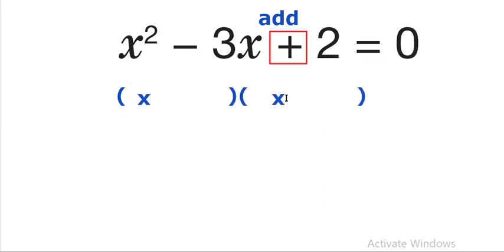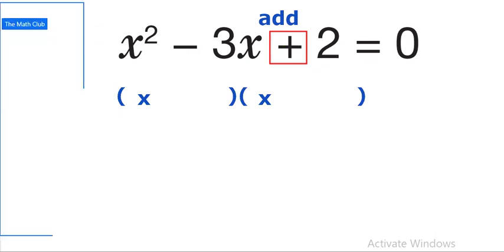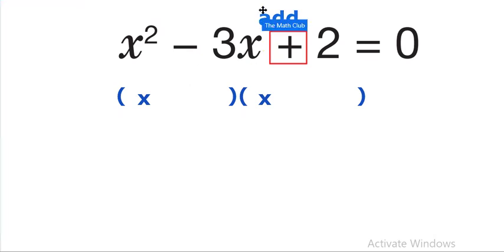So we need two x's. And when we decide to put the signs, we have to look at this sign because this is adding. It means when do we add? Very good. We add when we have the same signs.